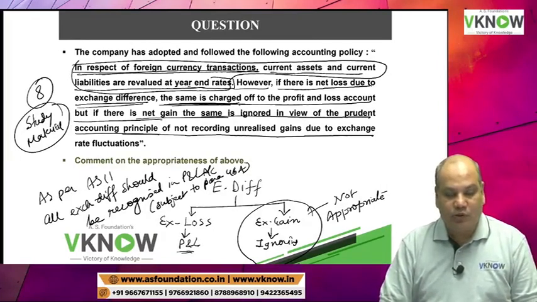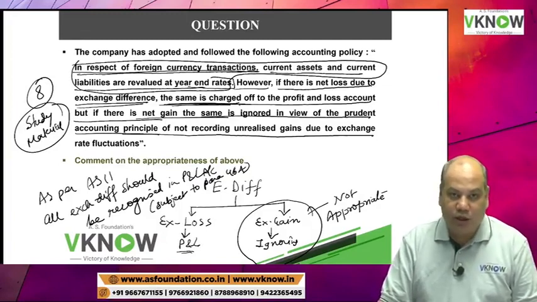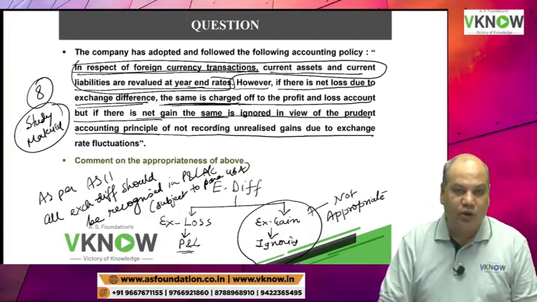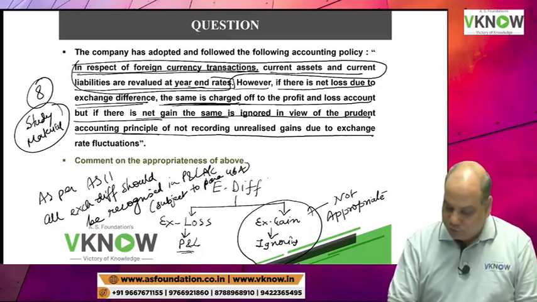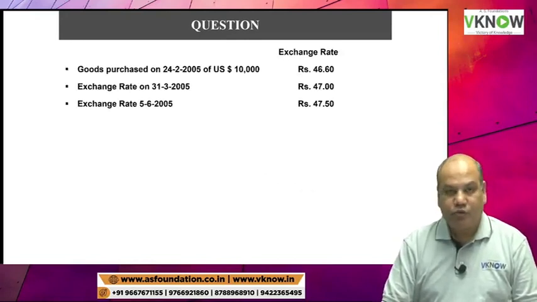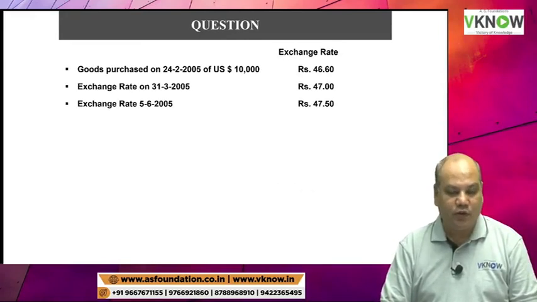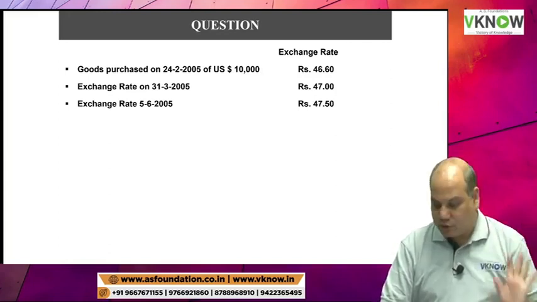But this company is saying no, only loss will be recognized. Gain will not be recognized. So that is a problem. So we will say that the company should transfer the entire exchange difference, whether gain or loss, to the P&L account. That was a theory question.